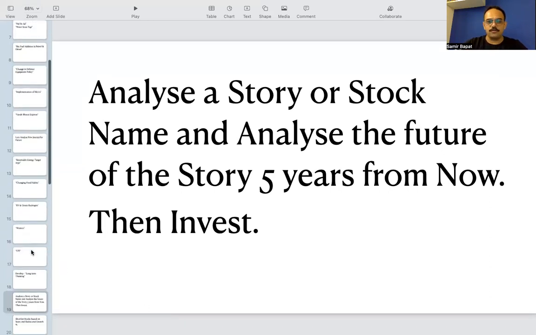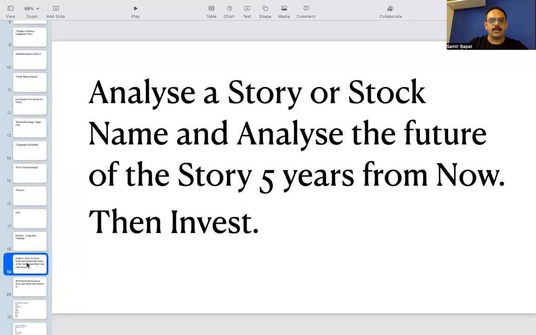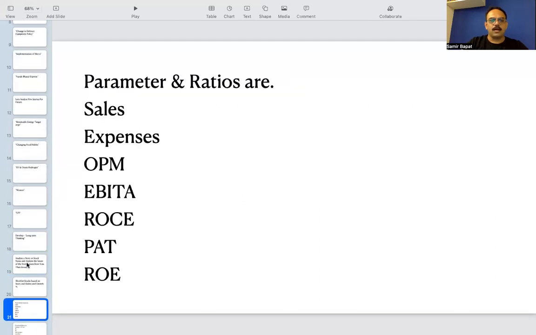Now we have to understand these parameters and ratios. We have reached 10 companies, we have a list of 10 companies. Our next task is to identify a good company among those 10 companies: a good, decent, balanced company.